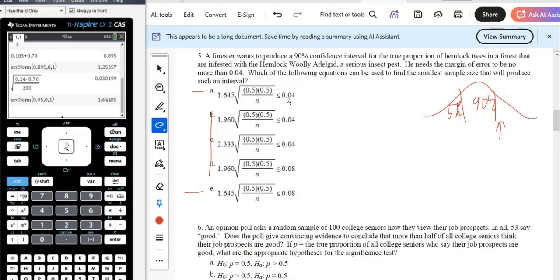They have the 0.04. Oh, wait. This one has 0.08. So it's got to be this one, right? Margin of error to be no more than 0.04, because the margin of error is the Z critical value times a standard deviation, right? So it's got to be less than 0.04. So it's got to be A.